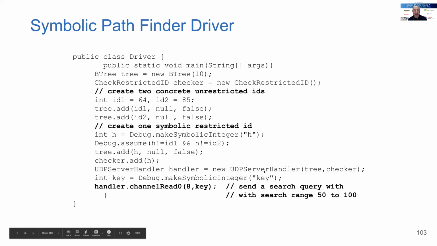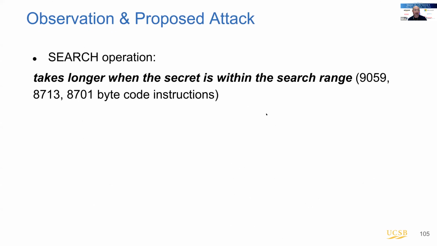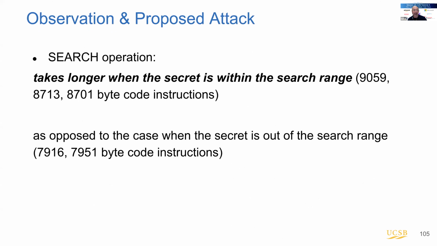And when we do this search, we observe that if the secret value, which is H, a symbolic variable, is between 50 and 100, the number of instructions is higher than in the case when it is not in the range. So when the secret is in the search range, the number of instructions it takes is larger.